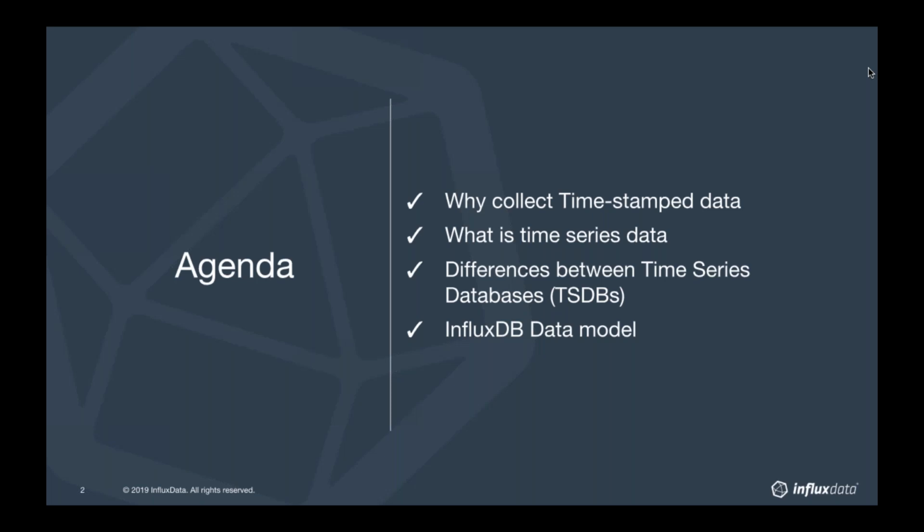And then we'll also talk about what the InfluxDB data model looks like, so you can see how you can use that to gain a little bit of an advantage. And then we'll also share with you some typical use cases for timestamp data that hopefully you'll find some inspiration from to help you make your projects fly even better.